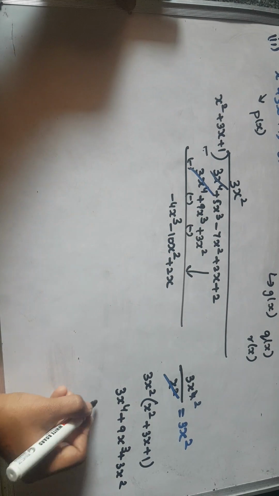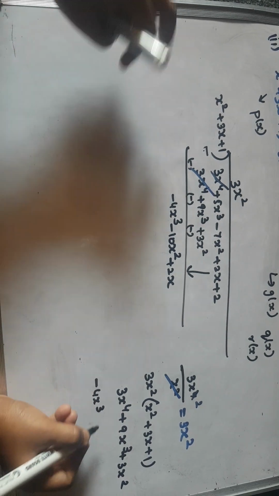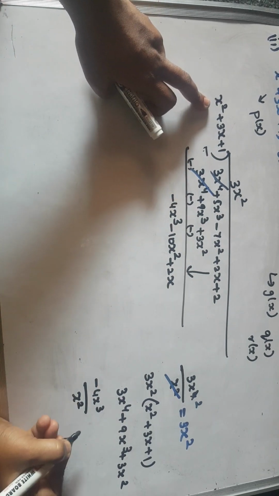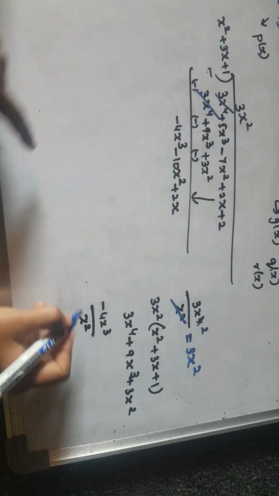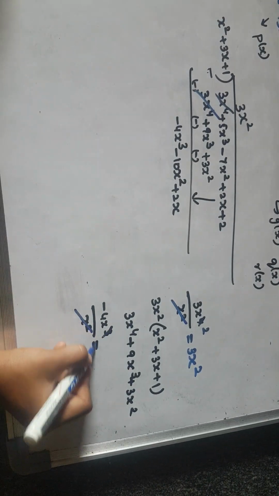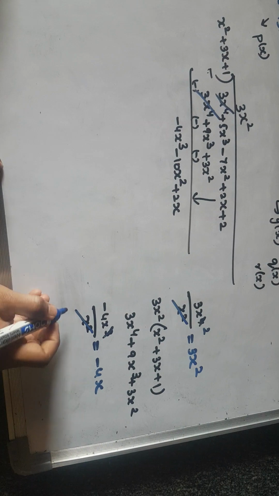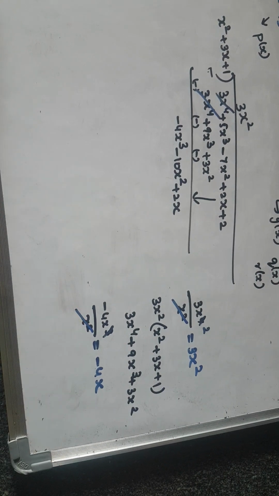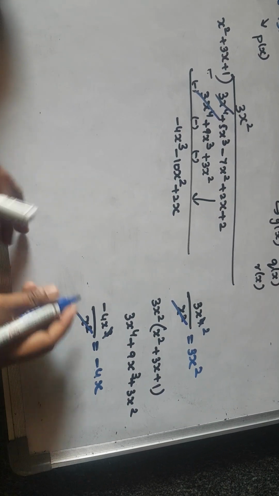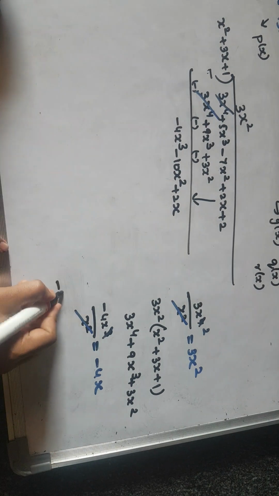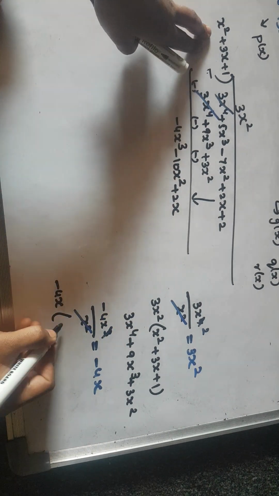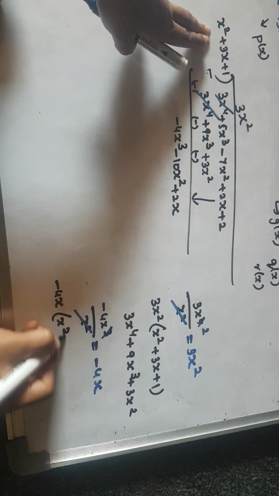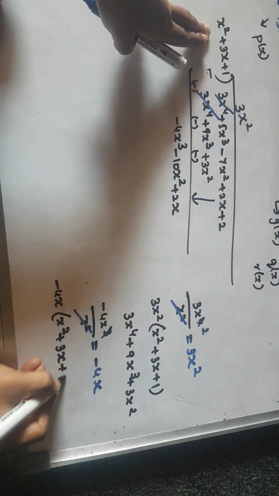Again divide minus 4x cube by the first term x square. What does this become? x square cancels, leaving minus 4x. So again multiply minus 4x with these terms, x square plus 3x plus 1.